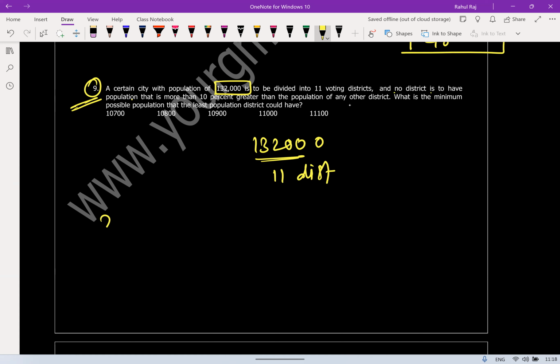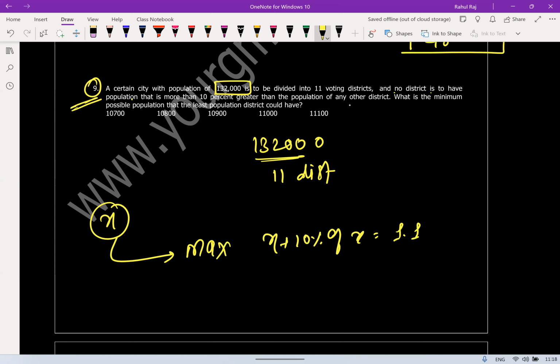So let's say the population of any district is X. The maximum population that another district could have is what? X plus 10% of X. That is 1.1X.